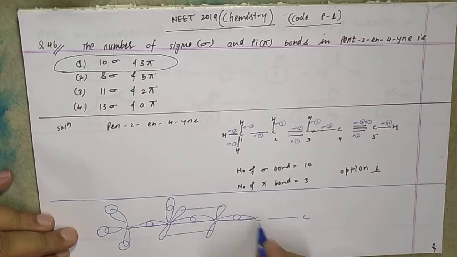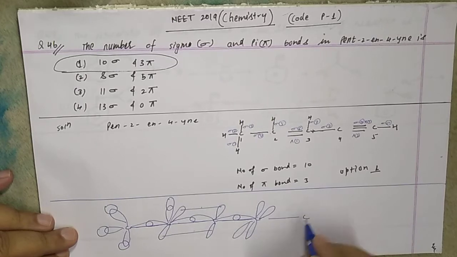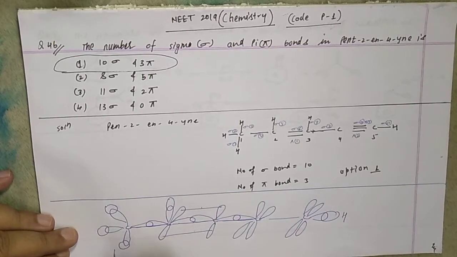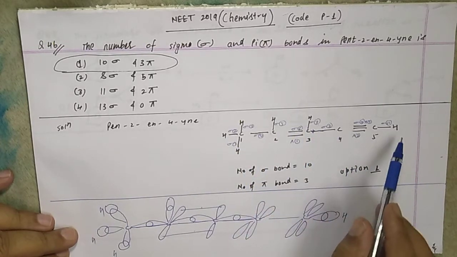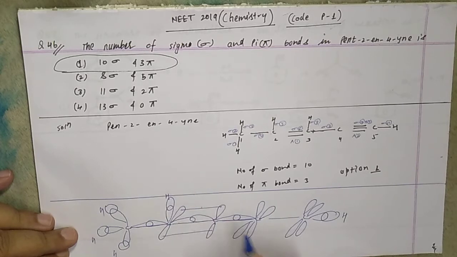What we have to keep in mind is head-to-head overlapping and lateral overlapping. So this is hydrogen, hydrogen, hydrogen, hydrogen, 3, 4, 5, 6 hydrogens are there. So 4 hydrogens, and with this one more hydrogen, 5 hydrogens, and this is 6 hydrogens. Now the rest are pi bonds.